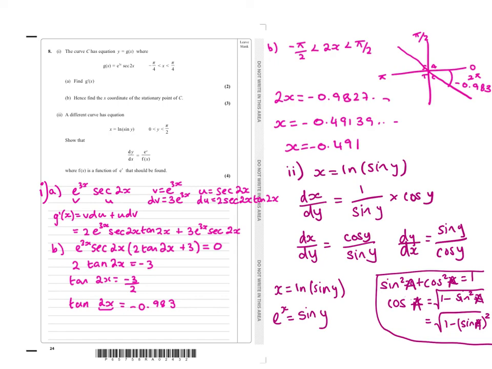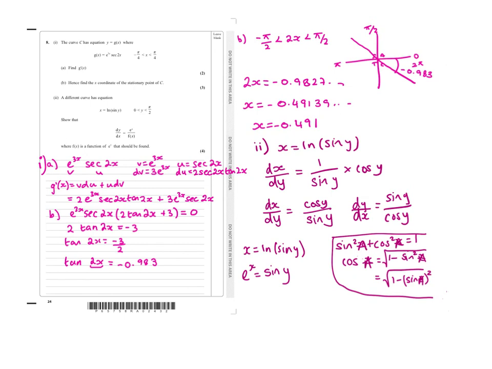So we then know that our numerator, dy by dx, is sine y, which we know is e to the power of x, over, and cos y can be rewritten as the square root of 1 minus sine squared y, which we know is e to the x squared.